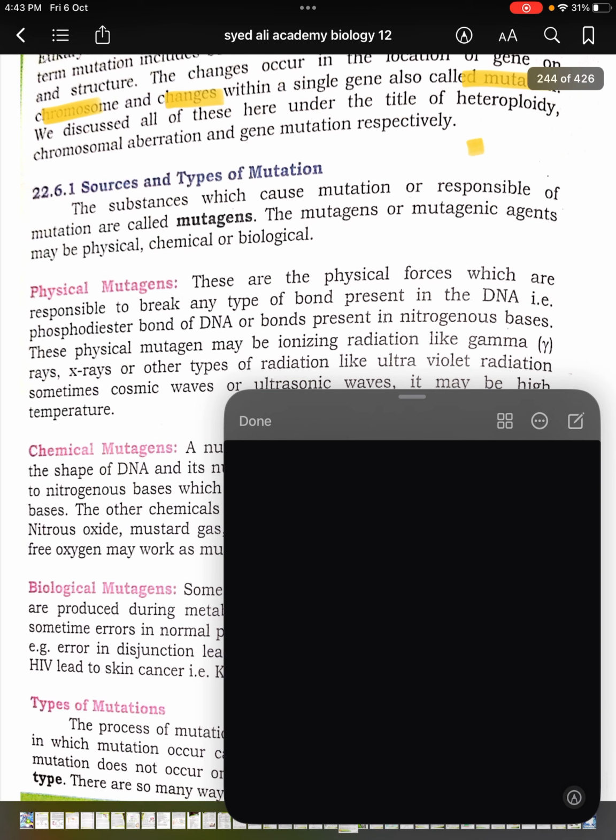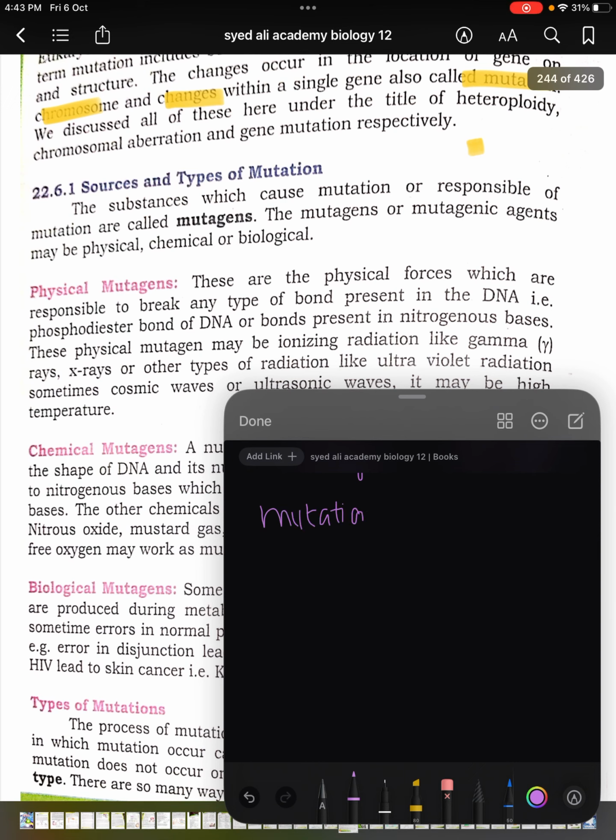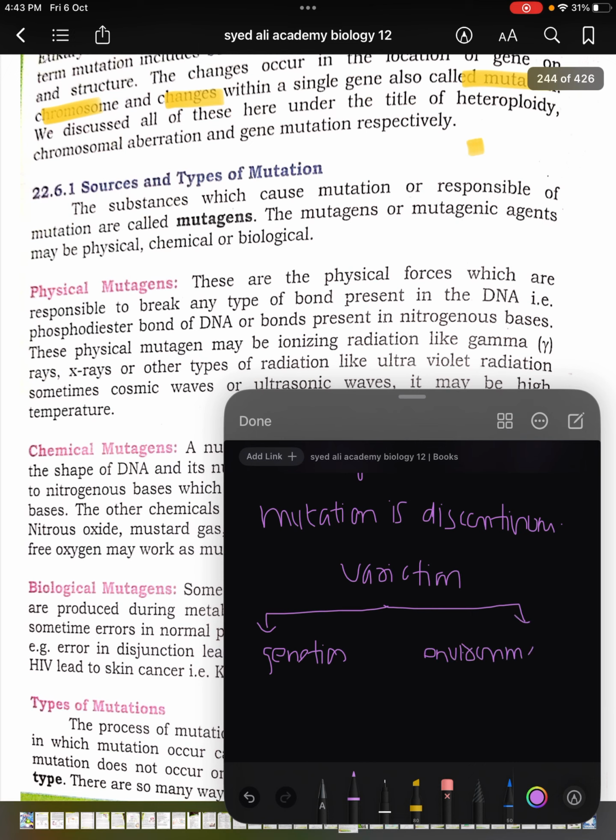Basically this mutation is discontinuous. How? There are two types of variations. First one is through genetics, and second is through environmental. It is quite obvious that environmental variation is caused by environmental factors.